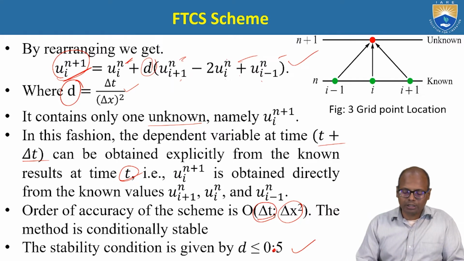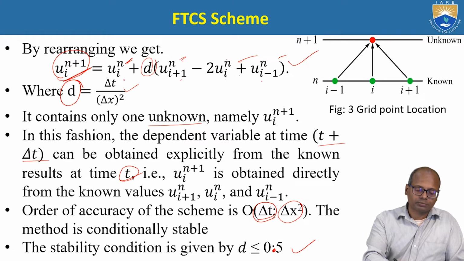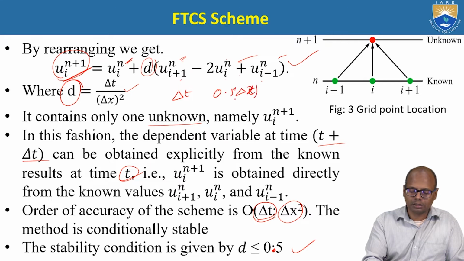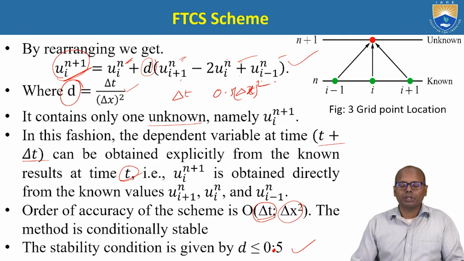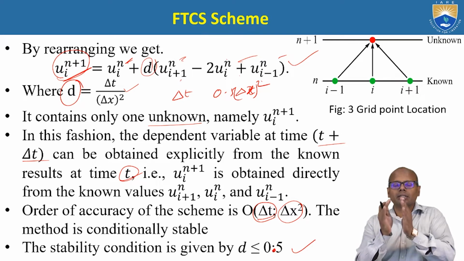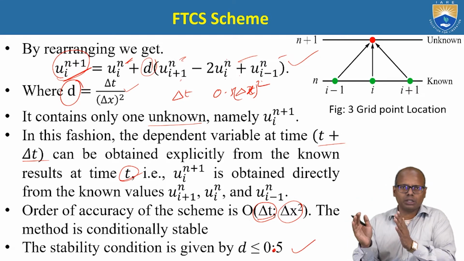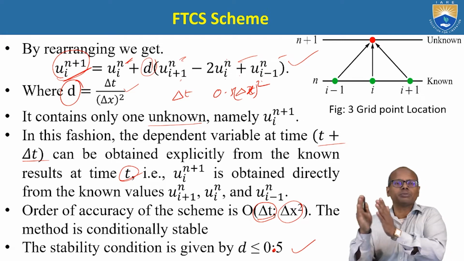So what do you mean by that? It is less than or equal to 0.5. Suppose I take delta t equal to 0.5 delta x whole square. Delta x is the grid space, the distance between two nodes.